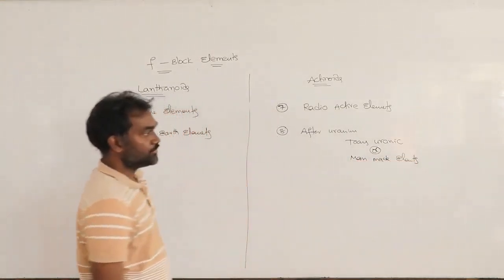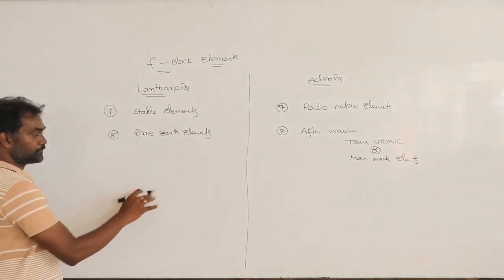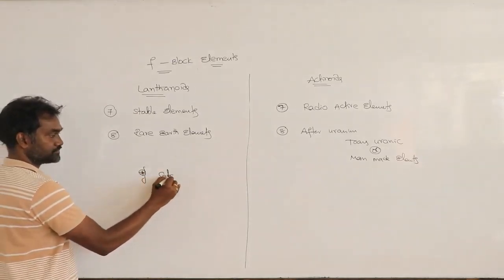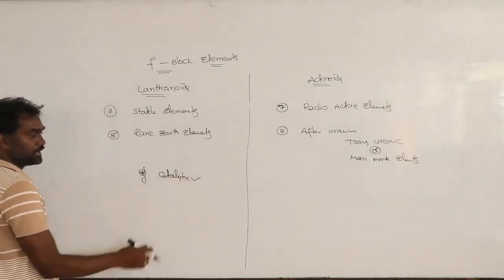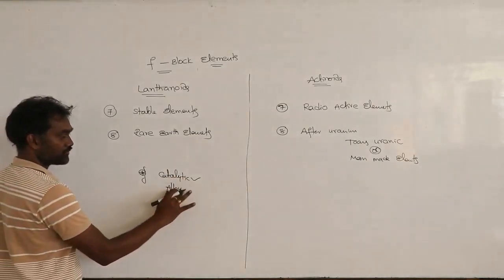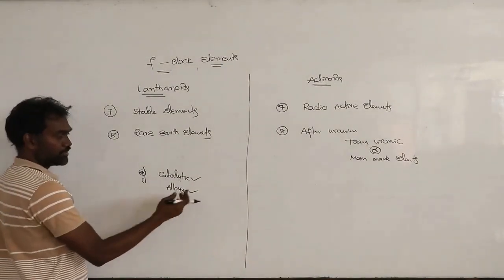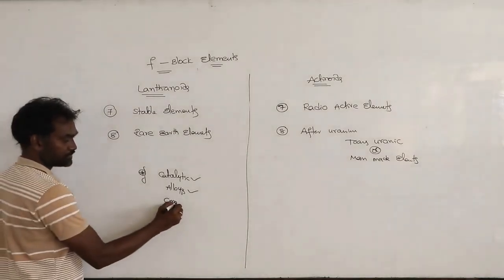Similarly, D block elements also. What are the D block element properties? They form catalysts, catalytic property also comes. Next, mixing of metals, alloys also they form. Next, melting and boiling points, complex compounds, everything.